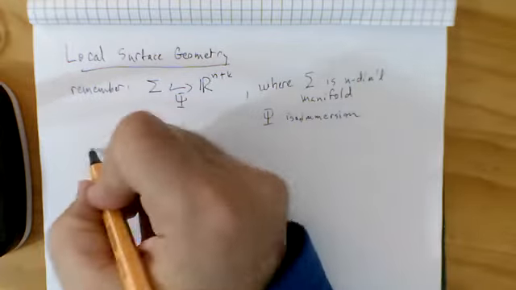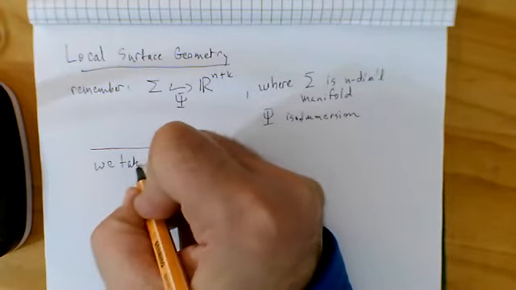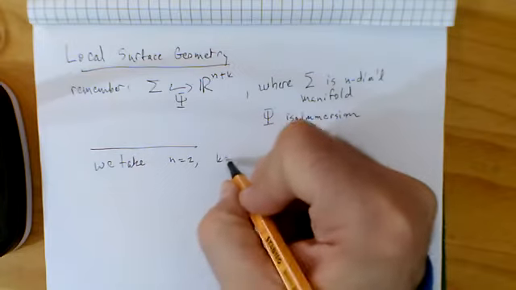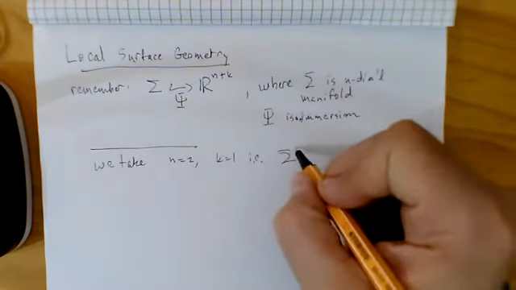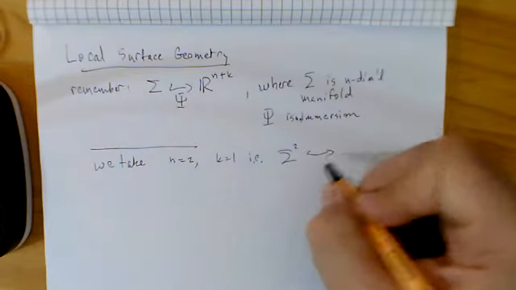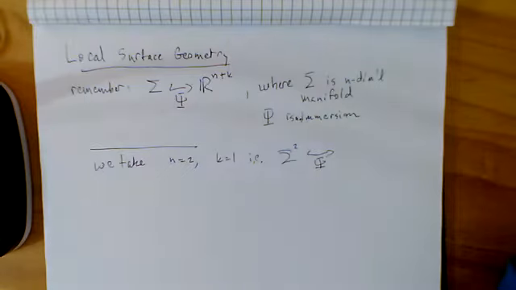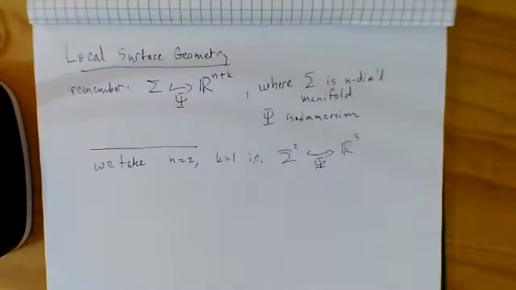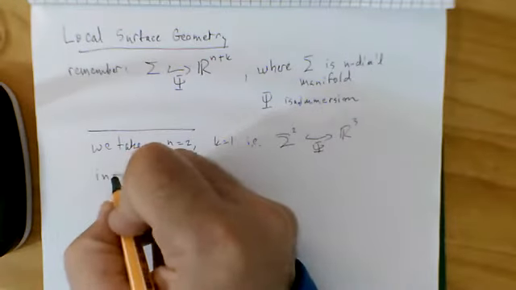And actually, for this purpose, we take n equals 2, k equals 1. So that we have a two-dimensional surface immersed by some function psi into R3.